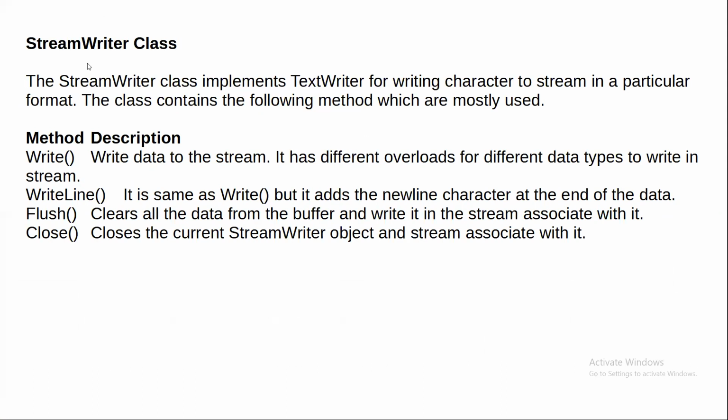StreamWriter has methods: Write to write the data, and WriteLine, which writes the data and also gives a new line character at the end. Flush is to clear the buffer and permanently write into the file. Close is to close the StreamWriter.